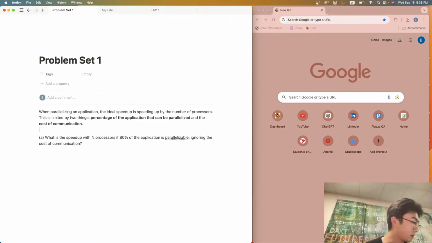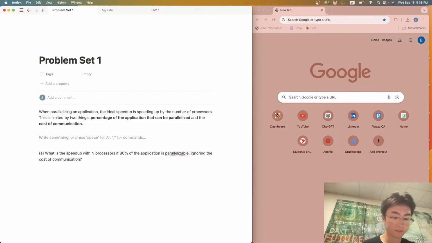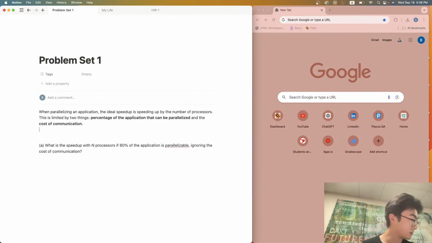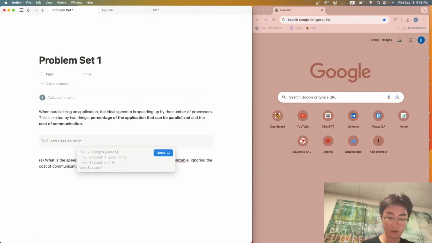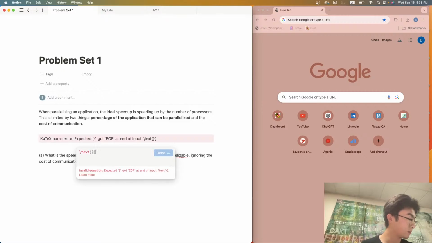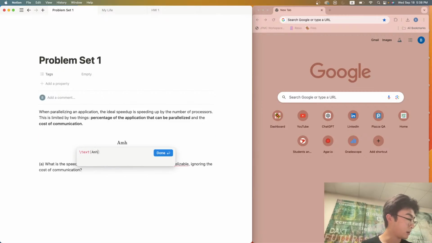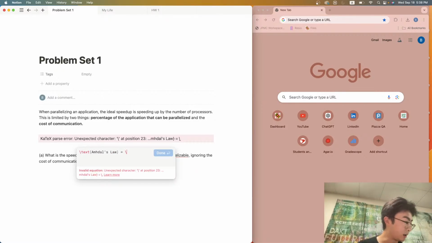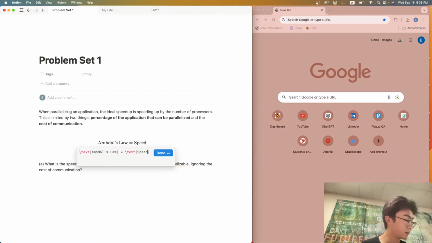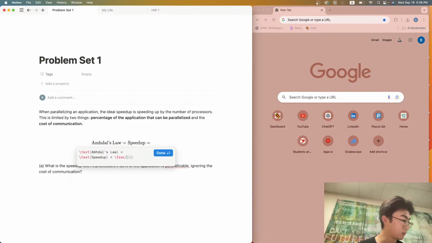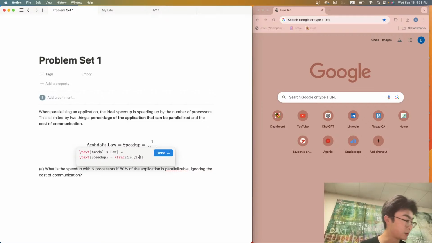So I remember Amdahl's law. You have, let's actually do, so Amdahl's law. Right, so this is kind of defining the speed up of a processor is equal to 1 by 1 minus, call this the portion of an application that can be parallelized.